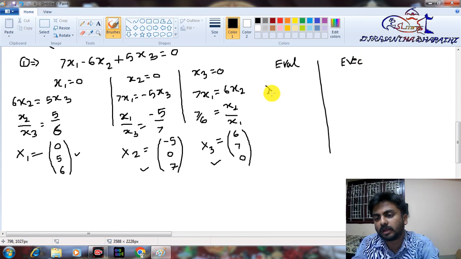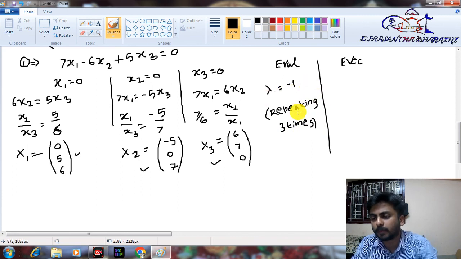For lambda 1 equal to minus 1, since it is repeating 3 times, you can simply write lambda equal to minus 1, repeating 3 times, or you can write lambda 1 equal to minus 1, lambda 2 equal to minus 1, lambda 3 equal to minus 1.